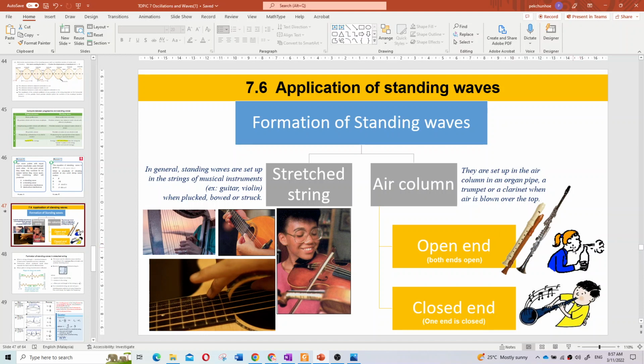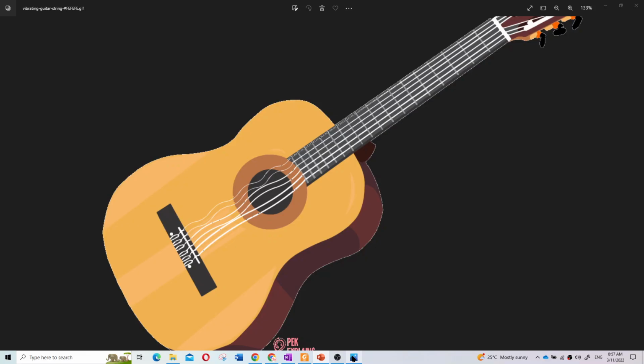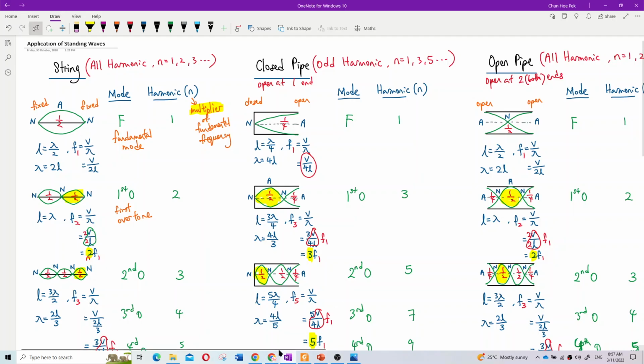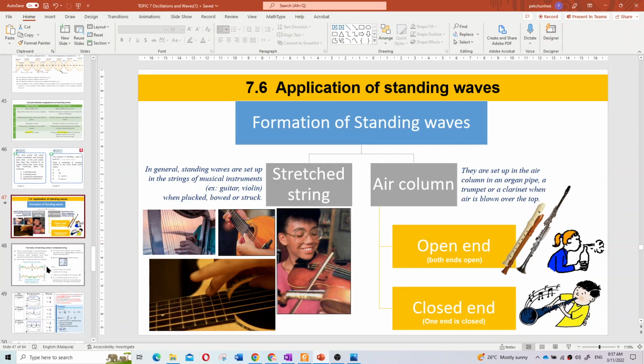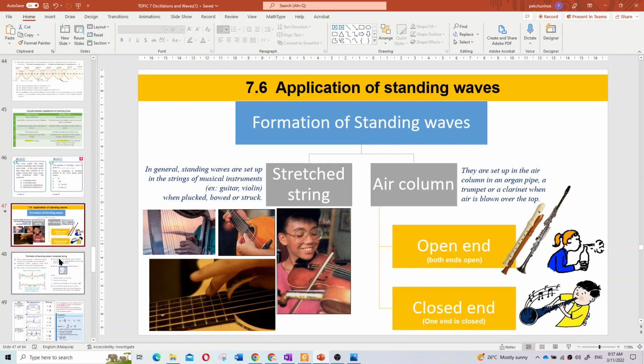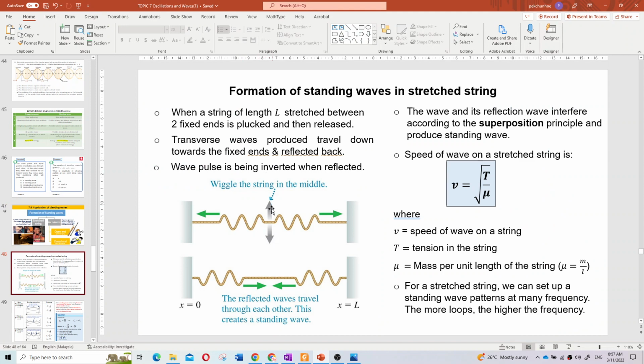Flute also. Why can a flute produce a standing wave? Because you blow at one end, isn't it? This is a closed pipe. If you want to produce sound in a closed pipe, you must blow the surface, just like you must strum the string first, then only the wave is produced.